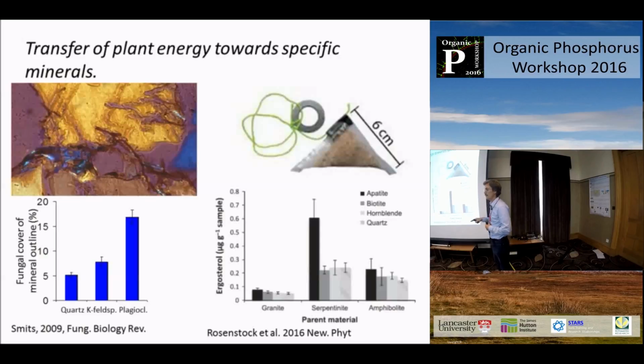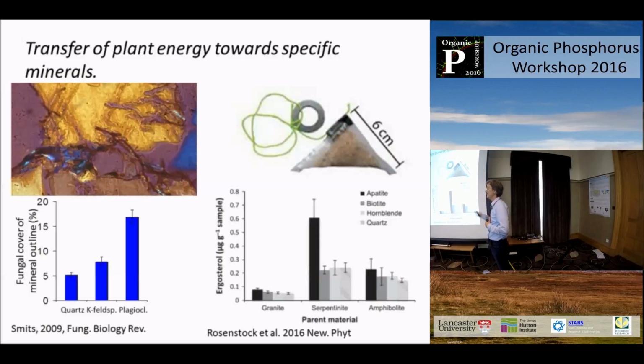For most of the minerals, we didn't see any effects on the colonization, and we quantified colonization with ergosterol. Ergosterol is a measure of fungal biomass. But what we can see is, if the ecosystem is very low in phosphorus, you see an increase in apatite colonization.